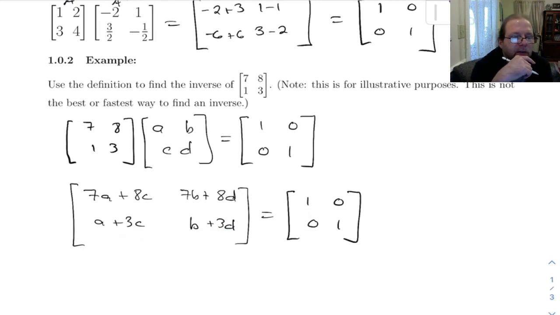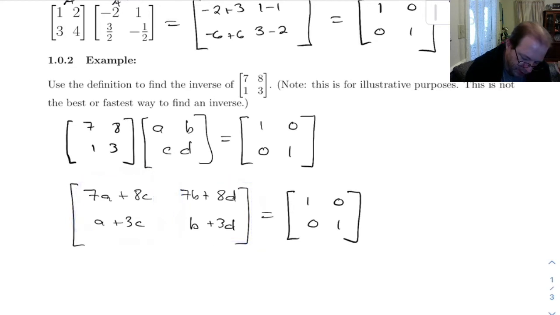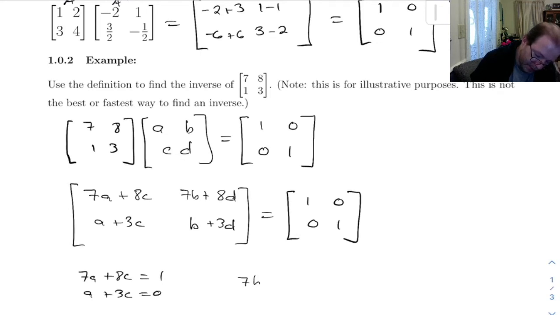Now, you might look at that and say, well, this is 4 equations and 4 variables. But really, notice the A's and C's are over here together, and the B's and D's are over here together. So you could just solve this like two 2x2 systems. So 7a plus 8c equals 1, a plus 3c equals 0, then 7b plus 8d equals 0, b plus 3d equals 1.